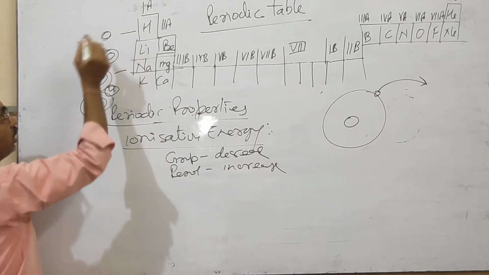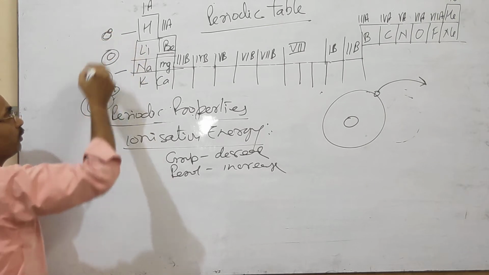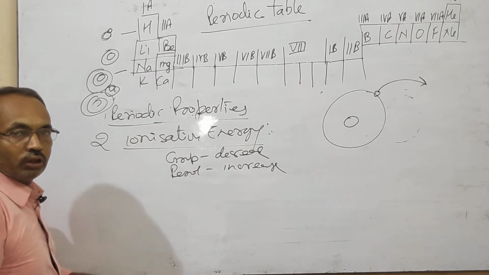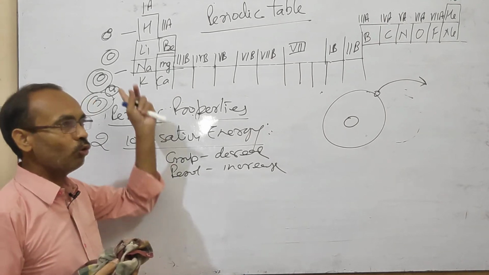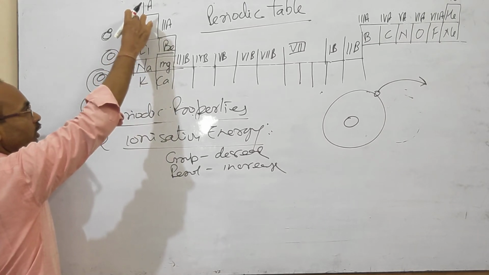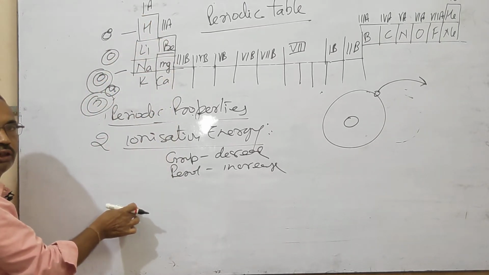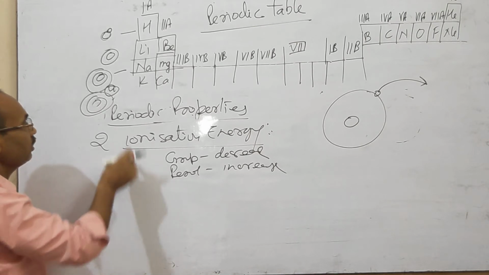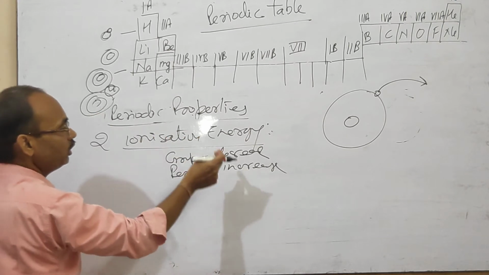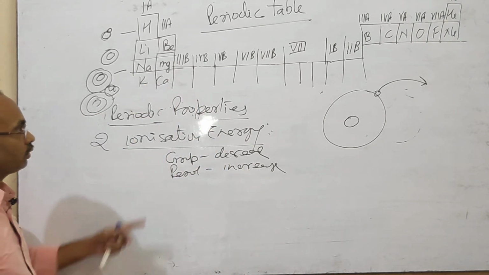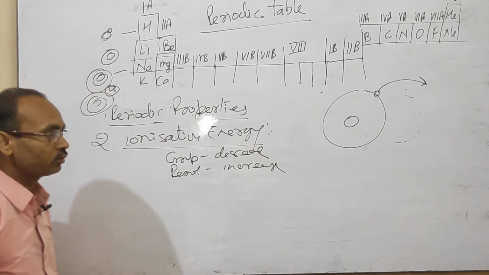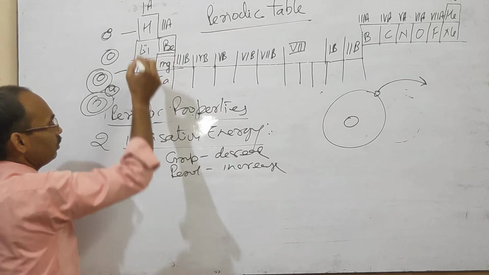In the first shell the electron is in the K shell and the nucleus is very near, so extra energy is required to remove one electron. So at the top more energy is needed to remove one electron, but below less energy is needed, and so going down a group the ionization energy decreases.